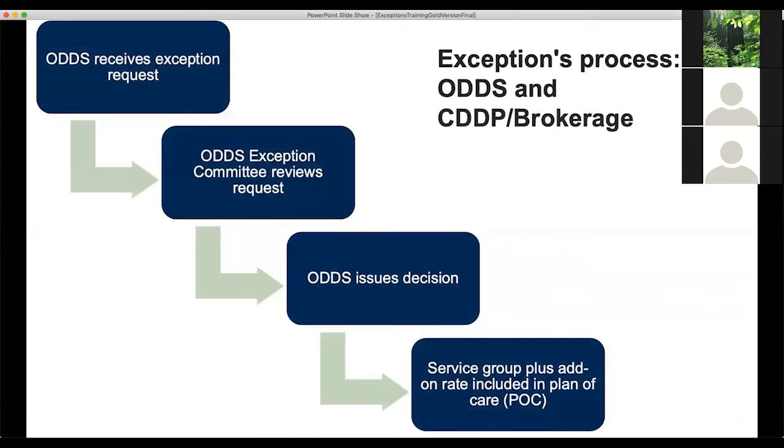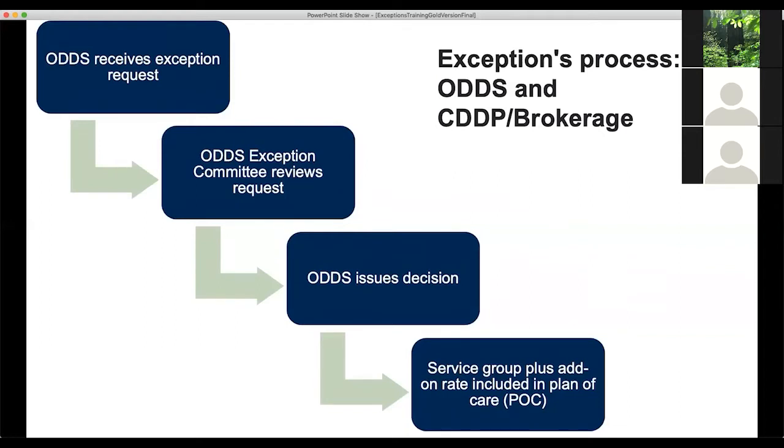So then if we look at the next process, it's a parallel concept. We have our ODDS process of what we're doing and how we're interplaying with our case management entities. So we receive the exception request and we have some internal reviews. In between box 1 and box 2, we actually have a receiving party that's going to be reviewing to make sure the form is completely filled out. If there are any documents that should be required, that they're there, and communicating if they aren't, saying, hey, great, we received this, but we need a little more information, or did you realize you missed completing this section?